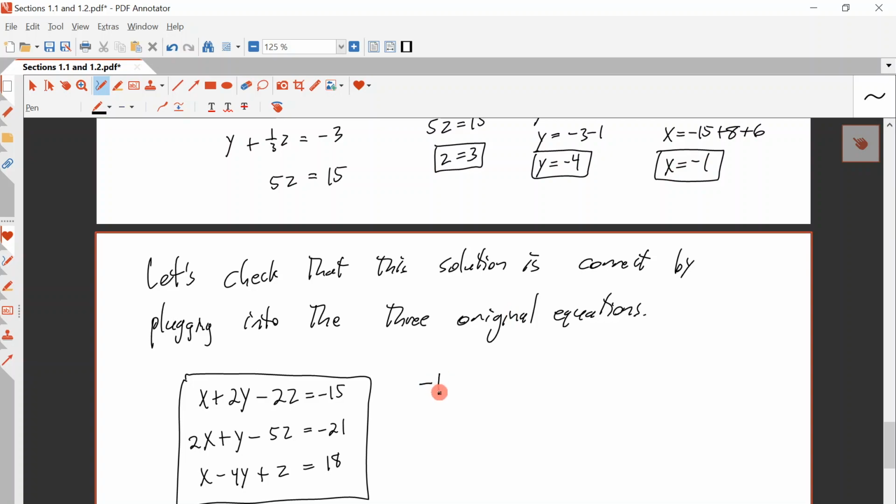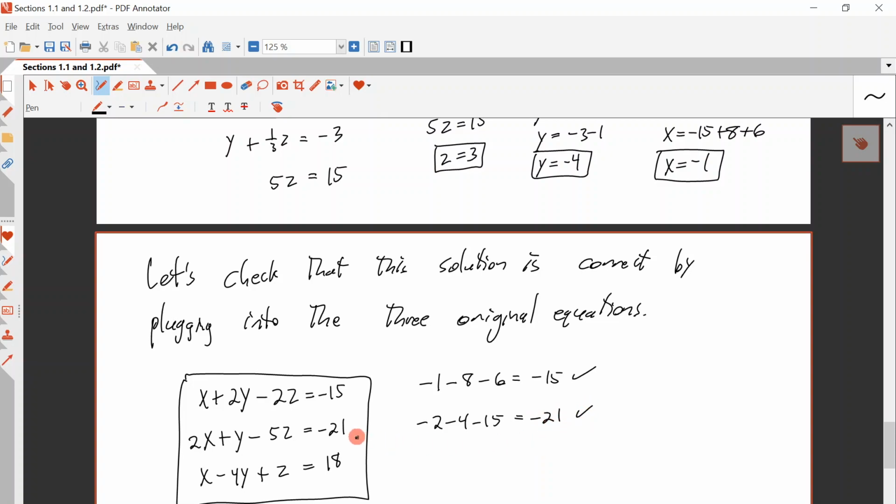So minus 1, minus 8, and then minus 6 is equal to minus 15. So that checks out. 2x, so that's minus 2, plus y, that's minus 4, minus 5z, minus 15. So that's minus 19, that's minus 21.